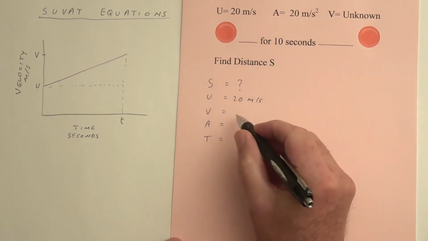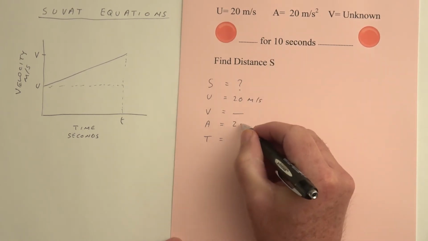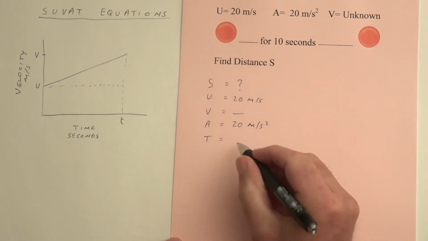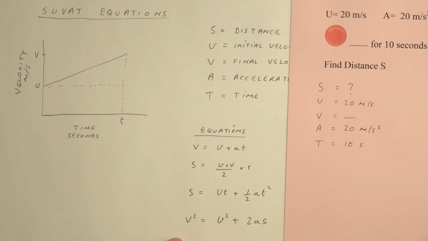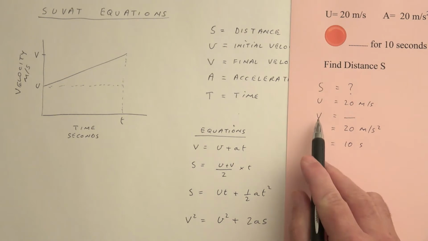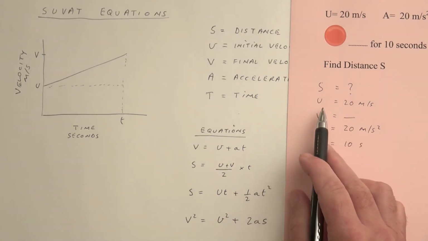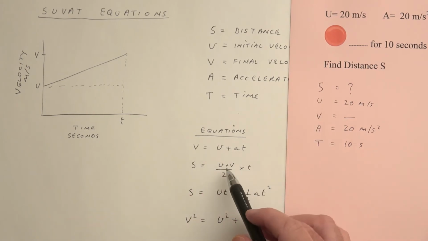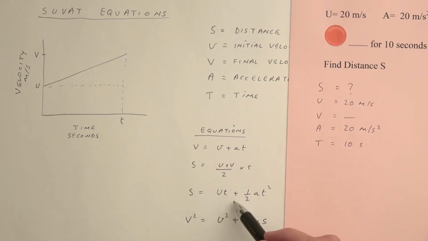The velocity is unknown, so that means, looking at my way of doing it, we can't use an equation with v in it because it's unknown. Not that one. Not that one. Not that one. Must be that one.